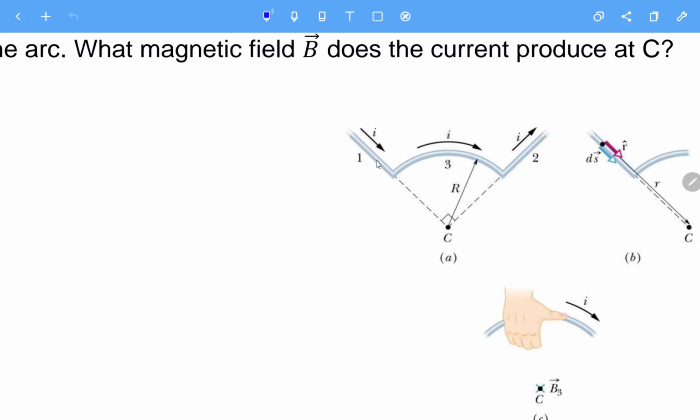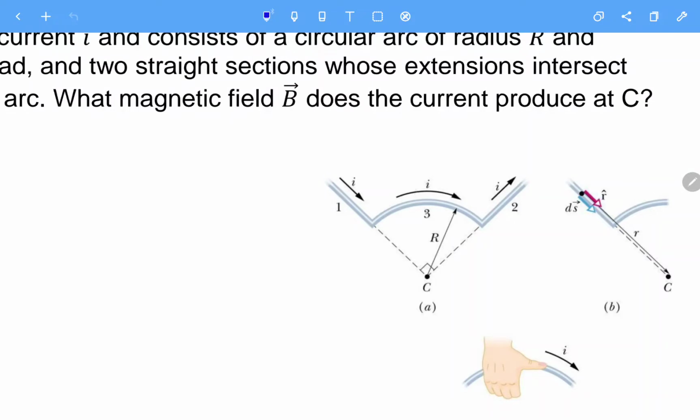For segment 1, suppose you have a ds here. This is ds. And then r should start from this point to the center, which means that r head and ds point to the same direction. Ds and r point to the same direction, which means that the cross product between them is 0.